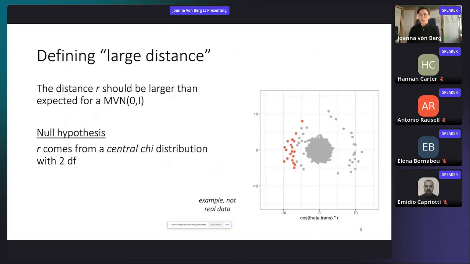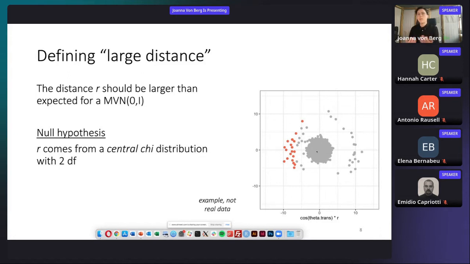So now we can go one step further and ask ourselves, which distance is large enough? The goal of this step is to get rid of these SNPs in the middle that don't have an effect at all. The null hypothesis for these SNPs is that they are from a central chi-distribution with 2 degrees of freedom, because the distance is actually a square root of a sum of squared normally distributed values.